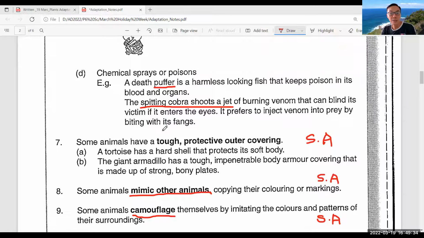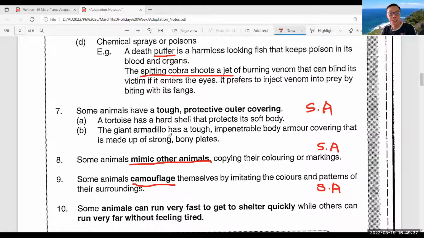Okay, here are some more examples of structural adaptations. For example, the tortoise having a hard shell, the armadillo having hard body armor. These are structural adaptations. And likewise, for some animals with certain body patterns on them, like I mentioned, the non-poisonous butterfly mimics the poisonous one, so it's also considered a structural adaptation, because of their colorings or markings on their body.